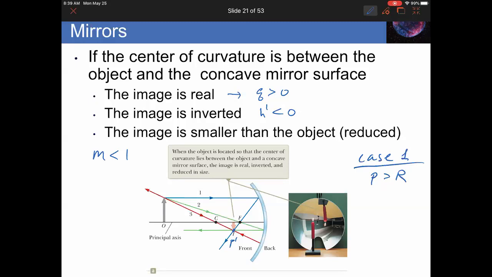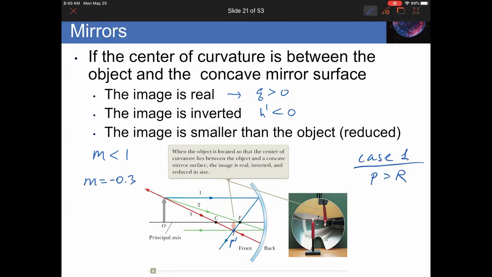So for example, here we might get a magnification of negative 0.3, maybe, because the negative means that it's inverted, and 0.3 means it's about 30% of the size of the object. And that more or less follows what this image represents.